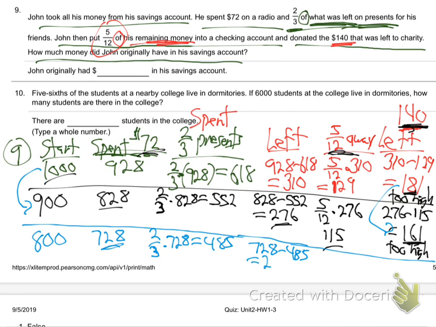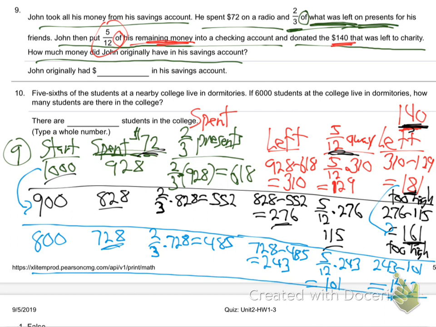That's equal to 243 left, and then he did 5/12 times 243. I'm getting 101 and some change. What's left? 243 minus 101. I'm getting 142. That's close, but that's still too high, barely. So now we're really close.